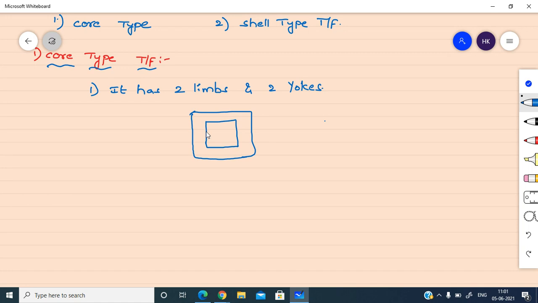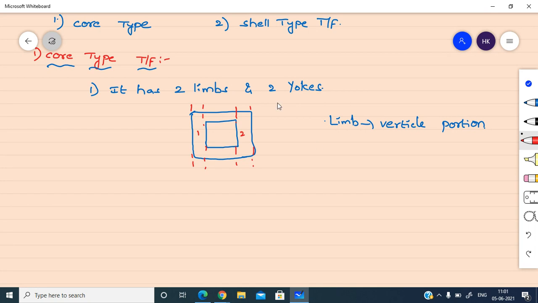This is the core. So how many vertical portions are there? Limb is nothing but vertical portion of the core. We call it as limb. So we have this vertical portion and this vertical portion. So two limbs are there for this core type transformer.